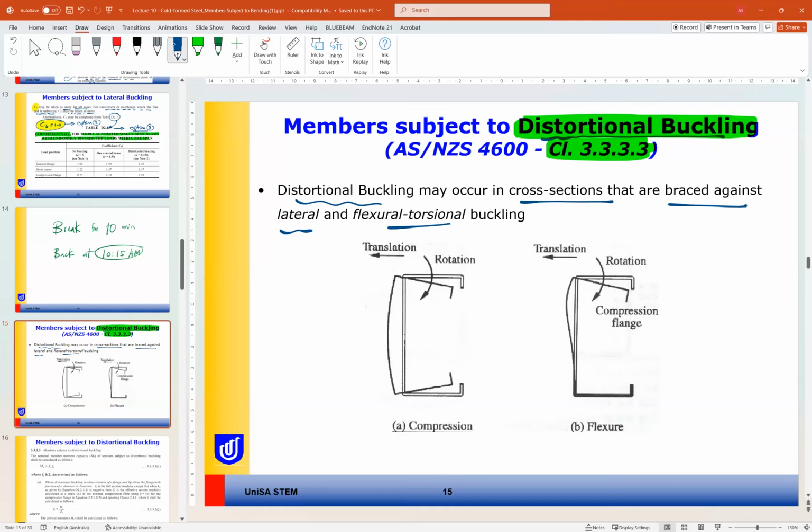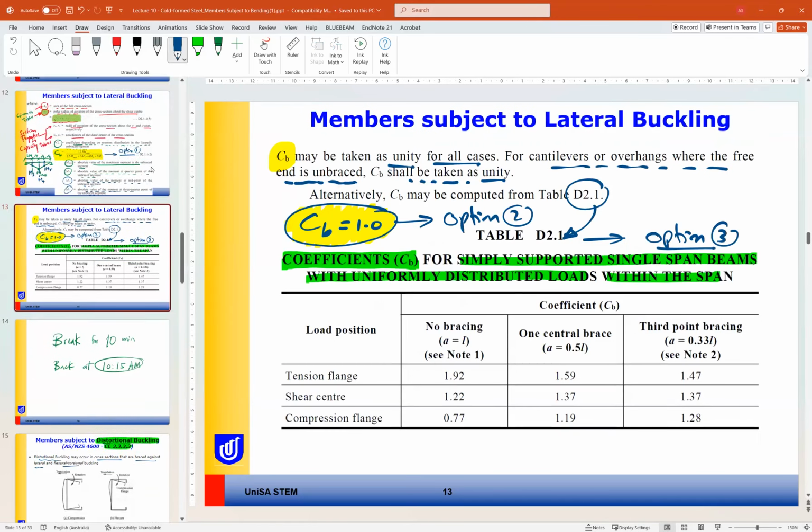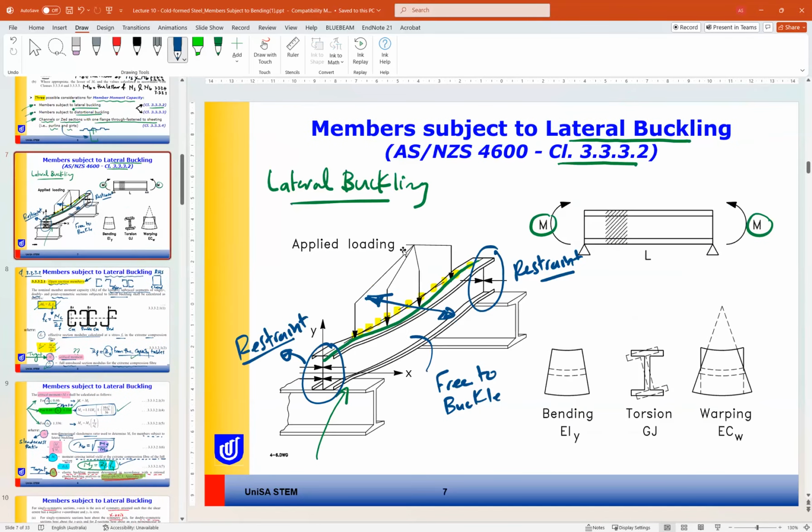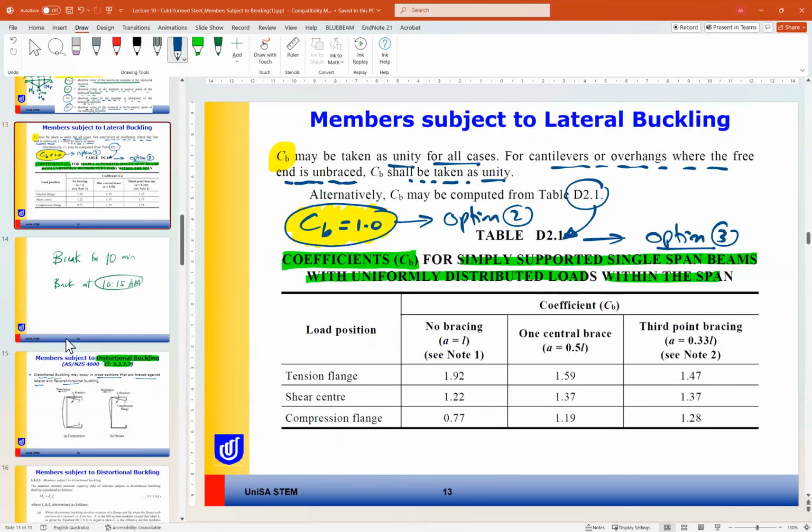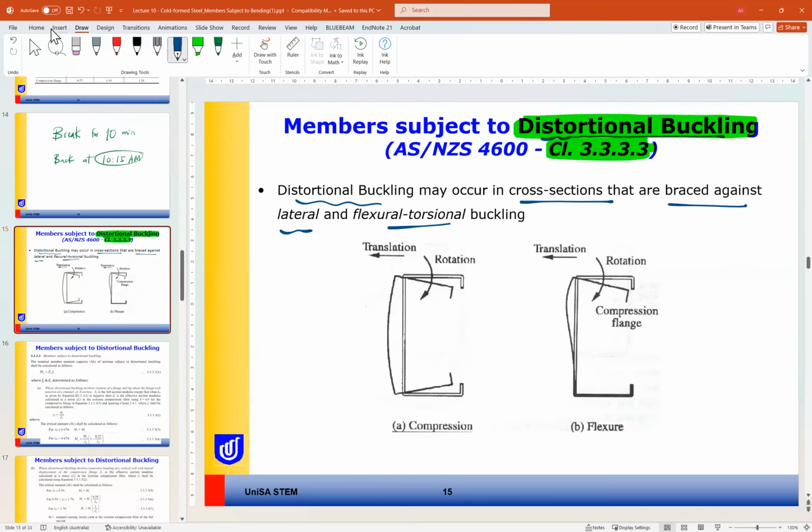So if you remember the first case, the members were laterally unrestrained. If you remember this diagram here, this diagram was for the lateral buckling.